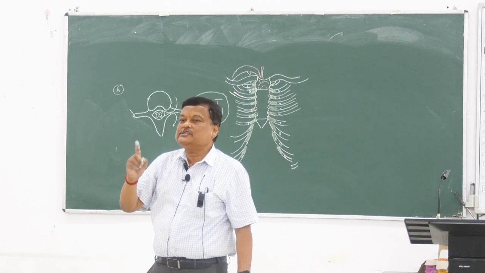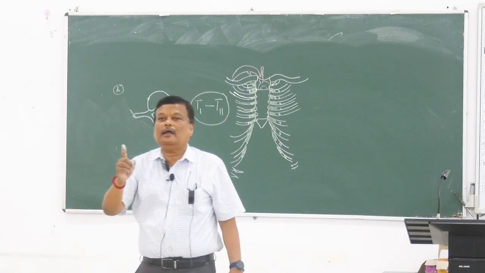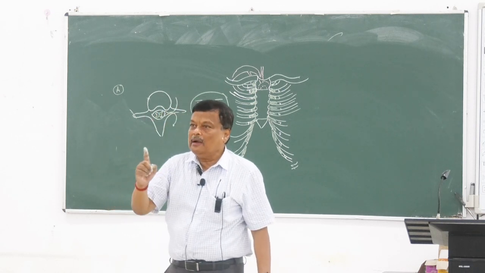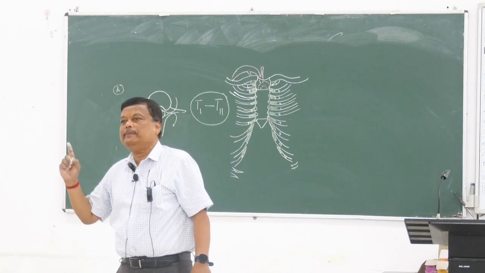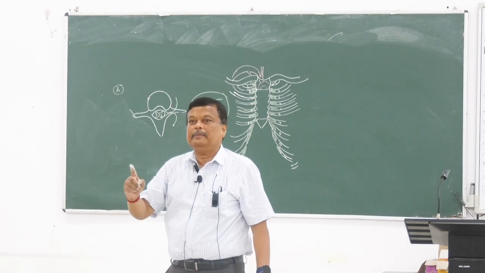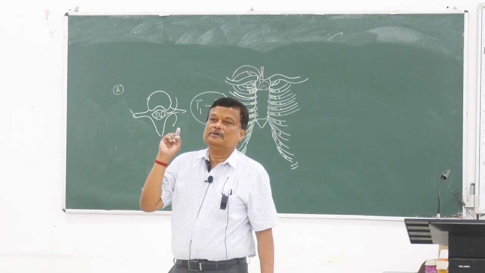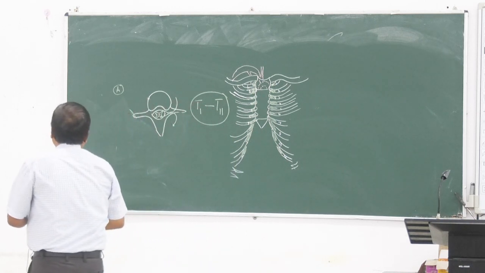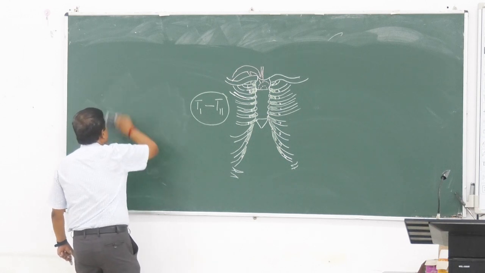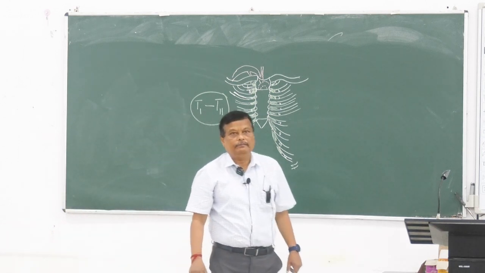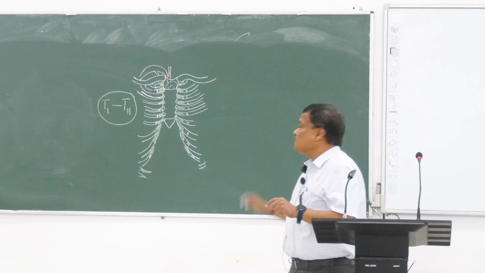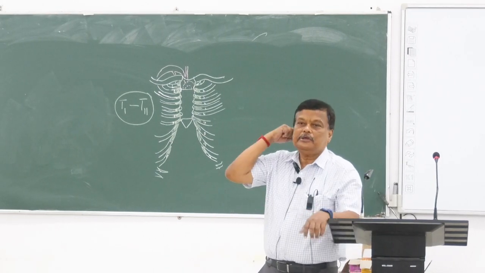Ventral rami: as there are 11 intercostal spaces, there are 11 intercostal nerves. Clear? So from T1, T2, T3, T4, T5, T6, T7, T8, T9, T10 and T11, the ventral rami we call intercostal nerves. Among them there is a division: typical or classical intercostal nerves and atypical intercostal nerves. Typical intercostal nerves have some characteristics, I will come to them, I am saying this for understanding. What are the characteristics?